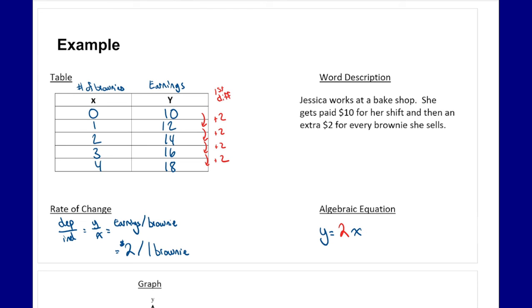So in this case, we start at $10. So that would be our equation for this relationship. So we could model Jessica's earnings using this equation. And we could make predictions. So we could predict if she sold 20 brownies, how much would she make? If she wanted to earn $100 in a day, how many brownies would she have to sell? So that's what we can use this equation for.